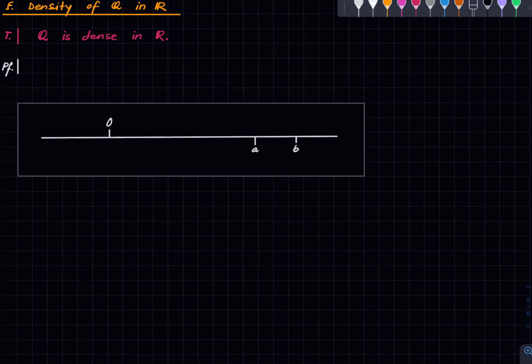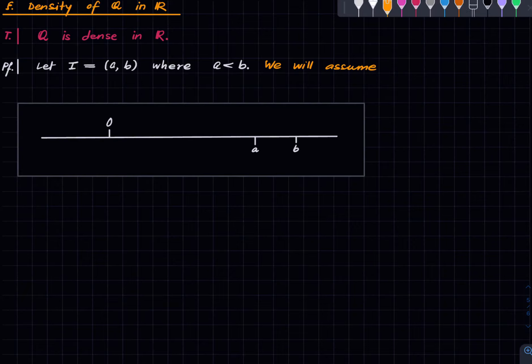So let's do it. So let I be this open interval, (a, b), where we assume a less than b, of course. a and b are some arbitrary real numbers. Now we will give the proof under the assumption that a is greater than 0.